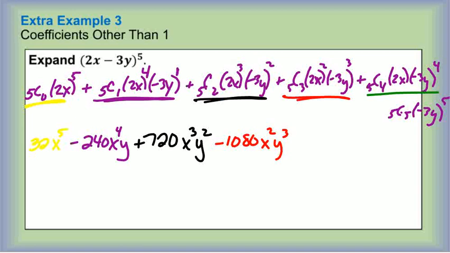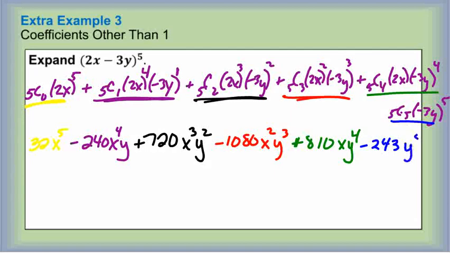Gives us 810 x y to the 4th. And our last one here, 5 choose 5 is 1. Negative 3 raised to the 5th power is negative 243. So this would be a minus 243 y to the 5th. And that would be our answer. That's our lesson on powers of binomials.